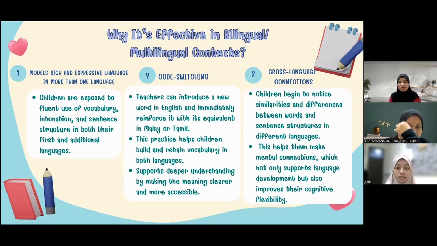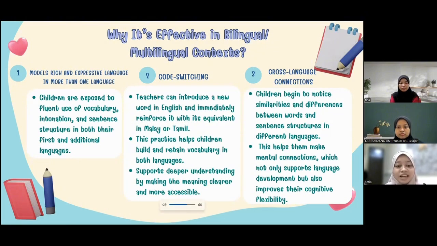Teachers can introduce a new word in English and immediately reinforce it with its equivalent in Malay or Tamil. This practice helps children build a retained vocabulary in both languages. It also supports deeper understanding by making the meaning more accessible.